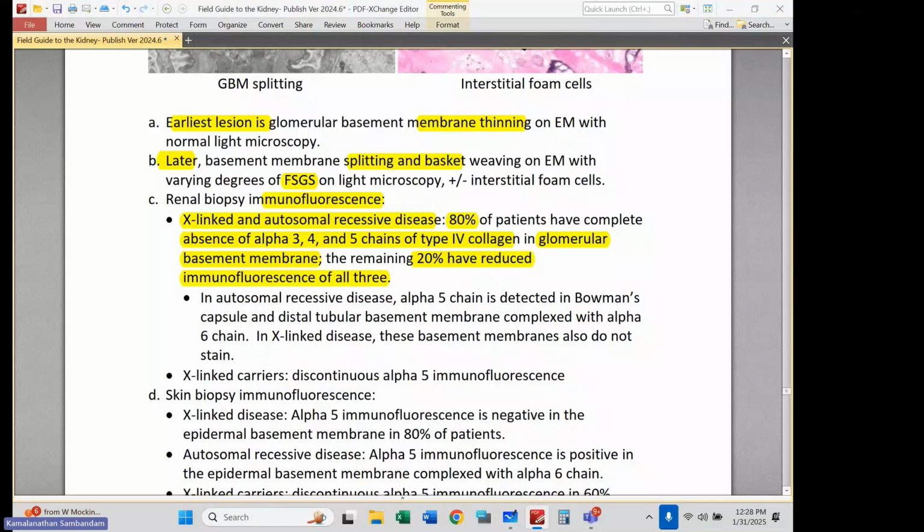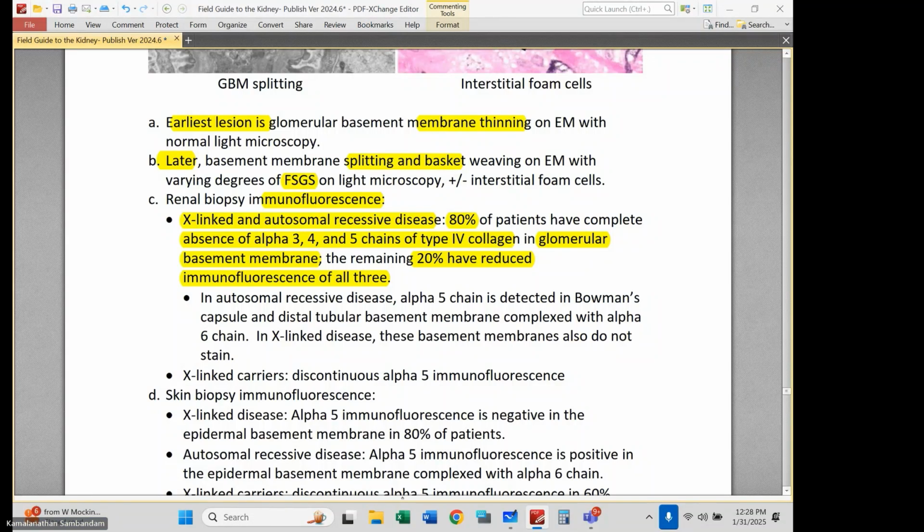That means even if I have a mutation in the alpha-5 chain, if I'm a male with X-linked Alport and I ask my pathologist to perform immunofluorescence for alpha-3 on my glomerular basement membrane, I'm going to see it there.